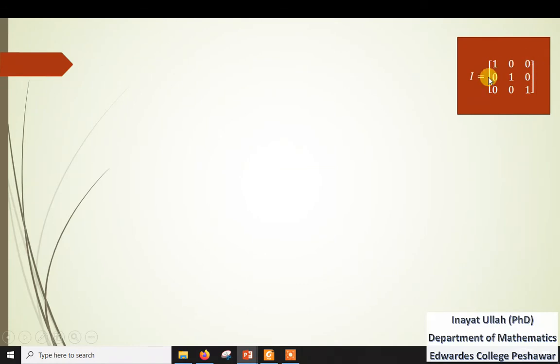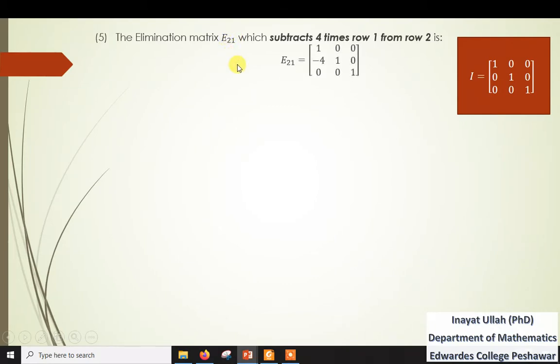So that is the identity matrix, and the elimination matrix E21, which subtracts 4 times row 1 from row 2, is given by this matrix.